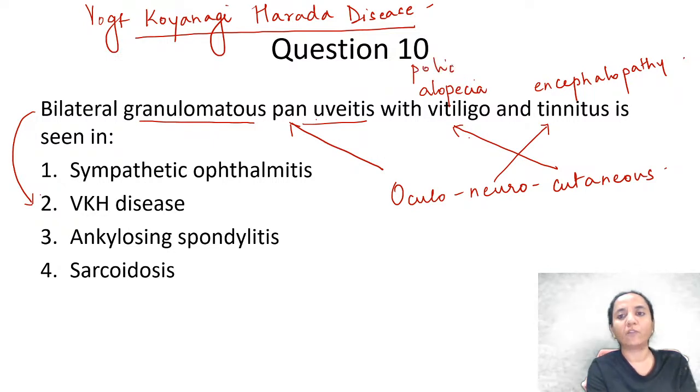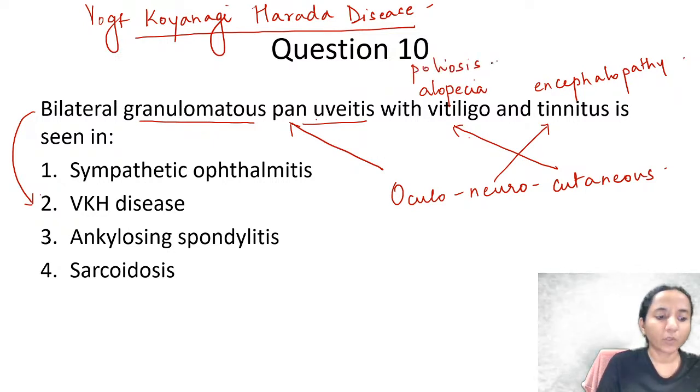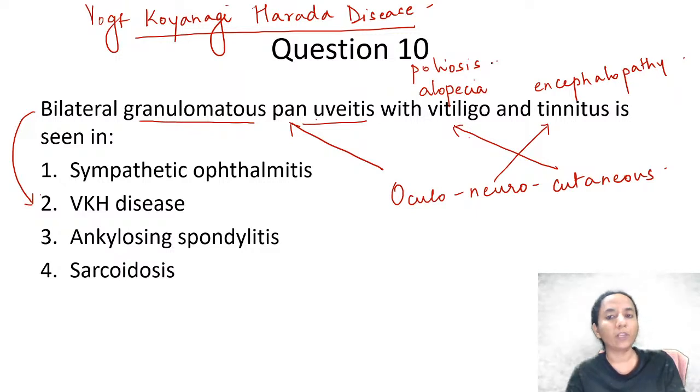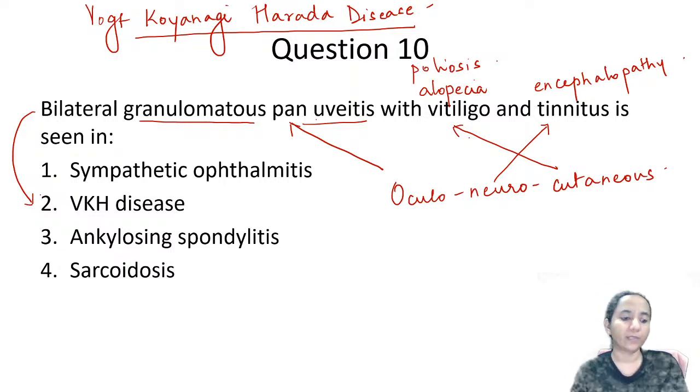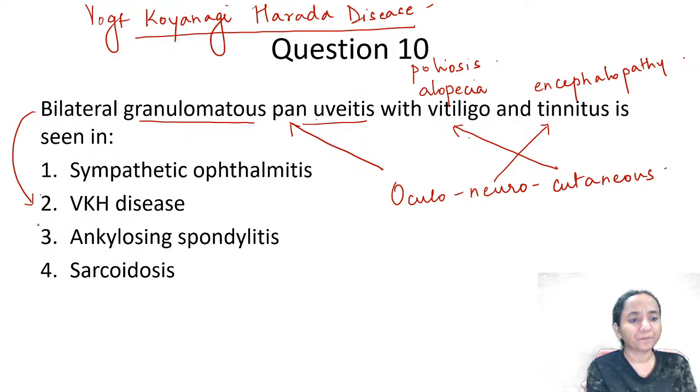Poliosis means graying of the eyelashes. So the ocular feature is granulomatous panuveitis, neurological features are tinnitus and encephalopathy, cutaneous features are vitiligo, alopecia and poliosis. All this together is VKH disease, right?